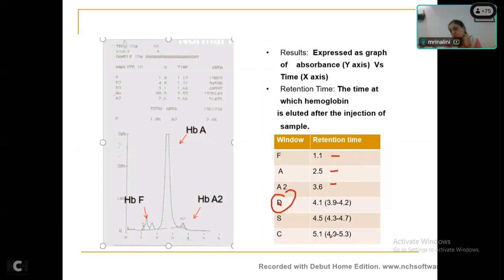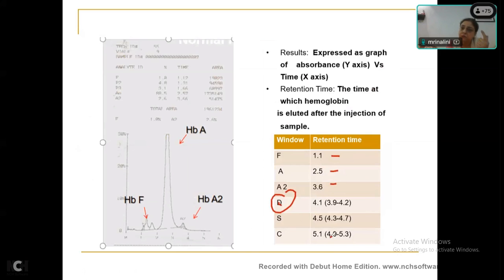You should remember roughly the retention times of these important hemoglobins, because Bio-Rad gives you the complete description, but while this is about the Bio-Rad Variant 2, the D10 will not give you that, and there are other HPLCs which may not give you.